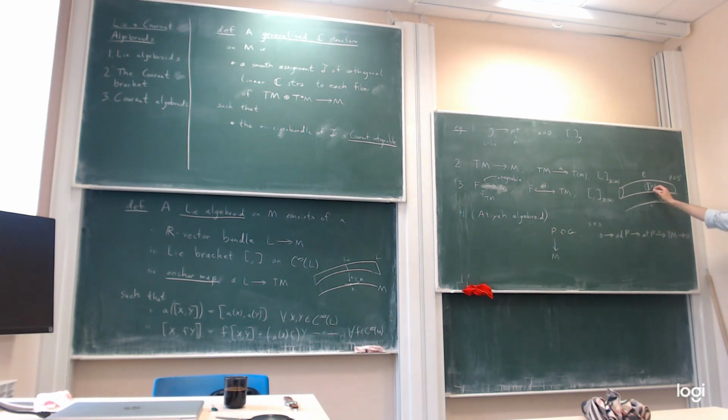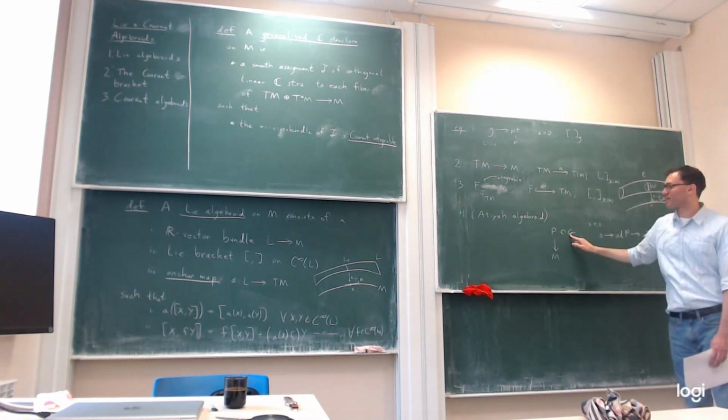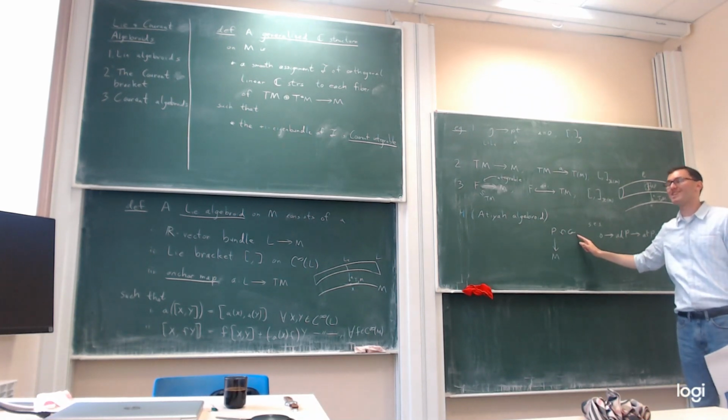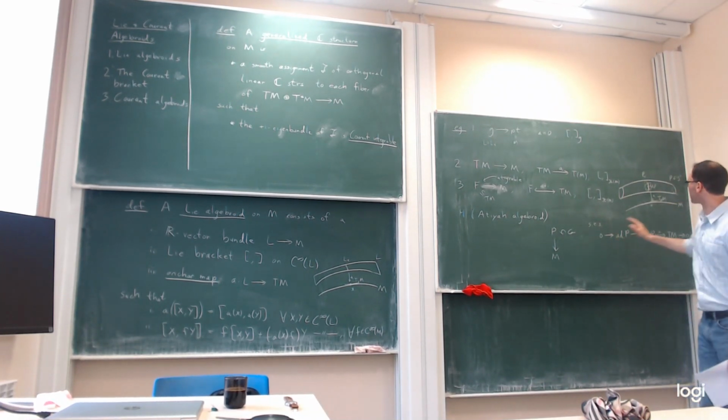The anchor map then is given by projecting that tangent element down to the tangent space at X, and then the Lie bracket on sections of the Atiyah algebroid is simply inherited from the Lie bracket for G invariant vector fields on P.